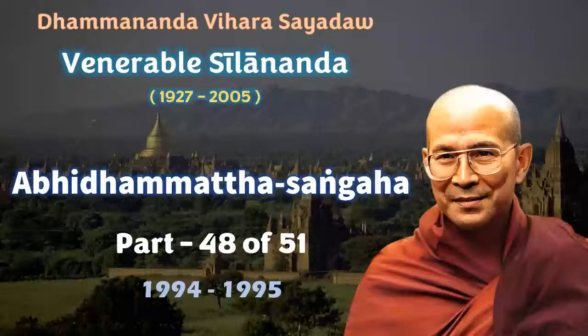Okay, now we come to the summary, page 324, section 28. Thus, the things pertaining to the three periods of time and timeless, internal and external, conditioned and unconditioned, are threefold by way of concepts, mind and matter.